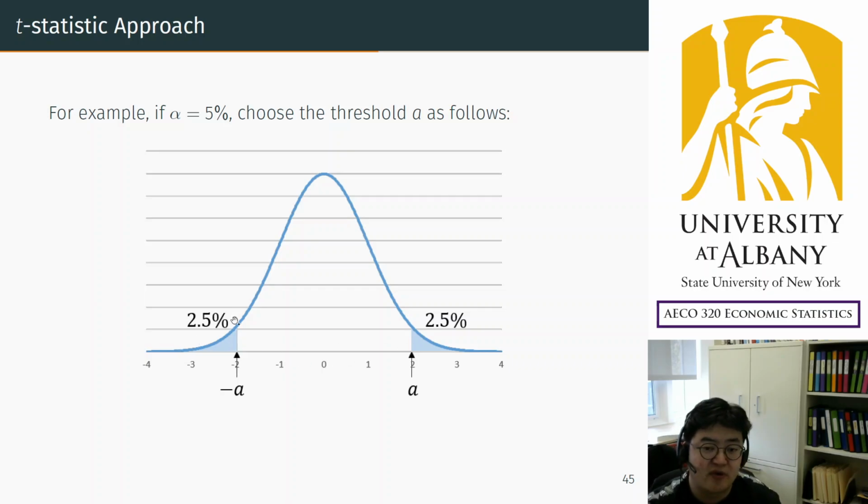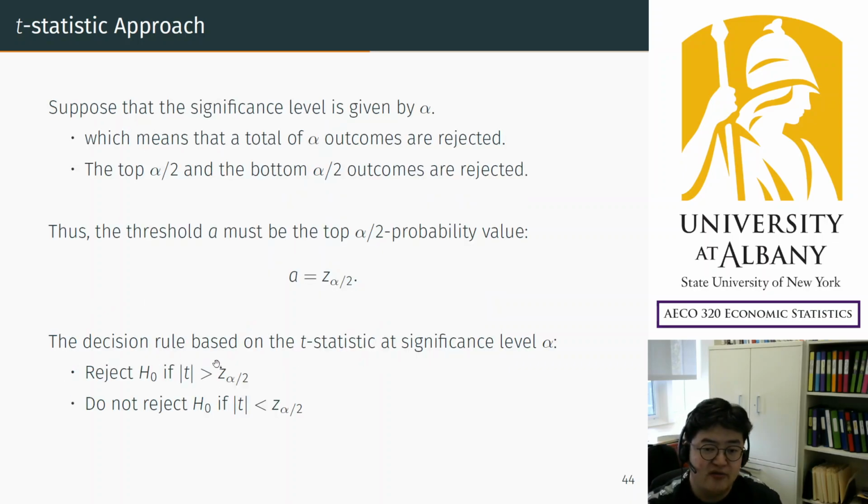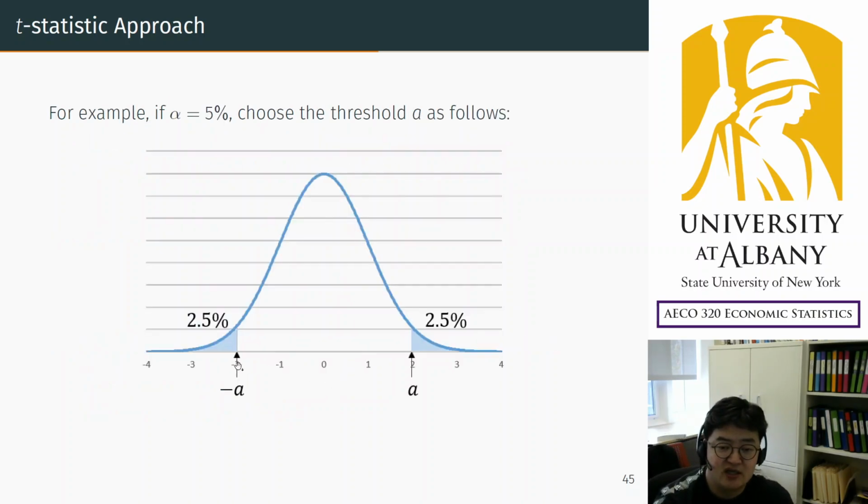on each tail, right? So then the decision rule can be stated this way. You are going to reject the null hypothesis if the absolute value of the standardized difference is greater than z alpha over 2, that is, beyond plus or minus z alpha over 2. And if your standardized difference is between plus minus z alpha over 2, you are not rejecting the null hypothesis. Also remember, this graph was used for the confidence interval.